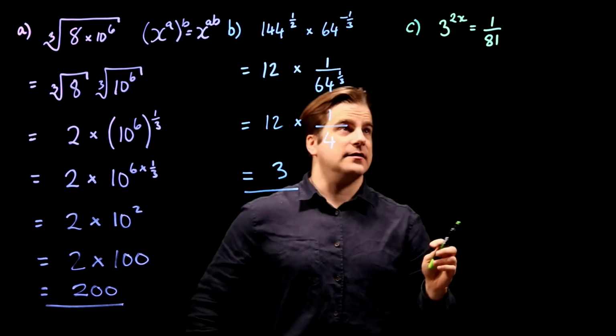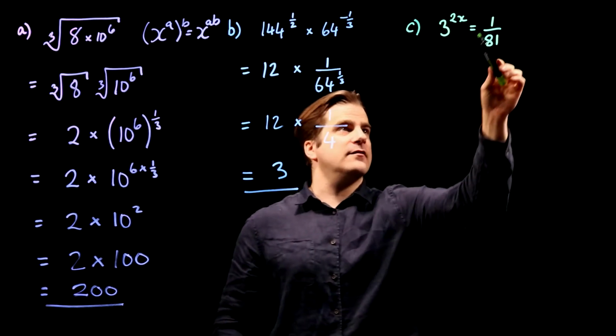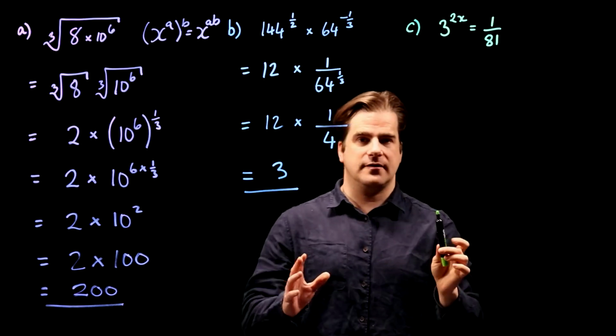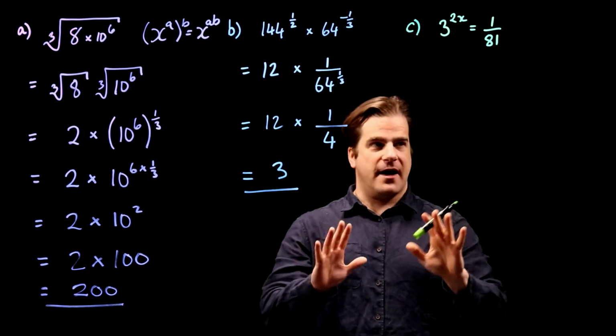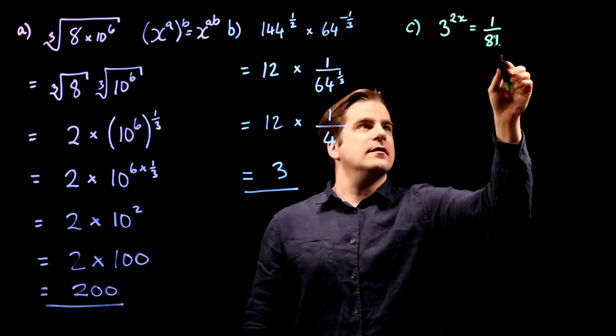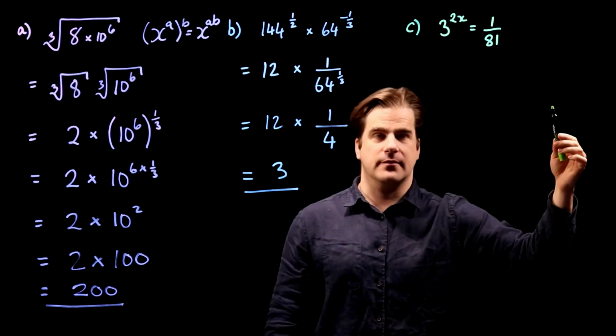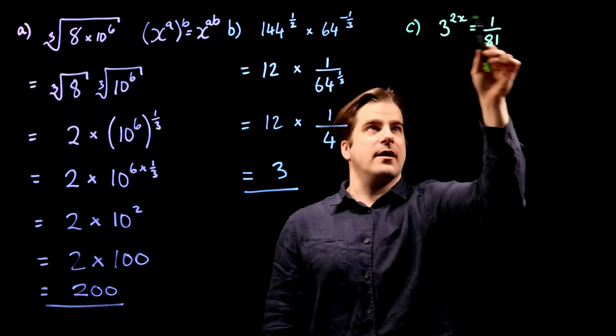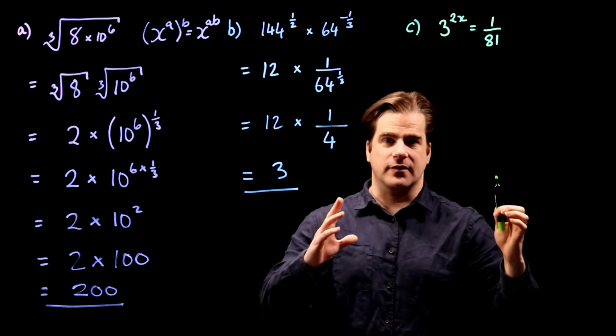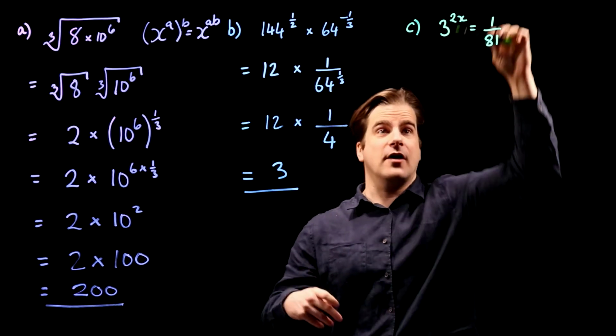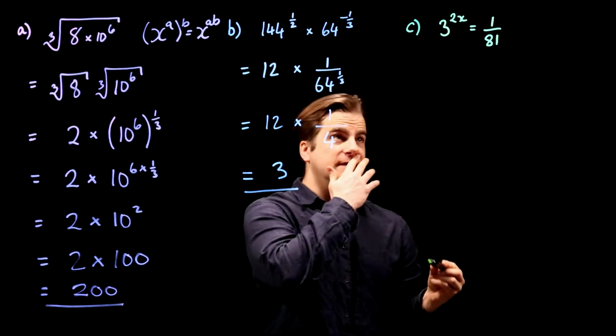Okay? I'll just explain that again. Our objective is to manipulate this 1 over 81 using our maths skills to make that 3 to some power. Because then we equate the powers and we suddenly don't have an equation with the thing that we want up in the air.